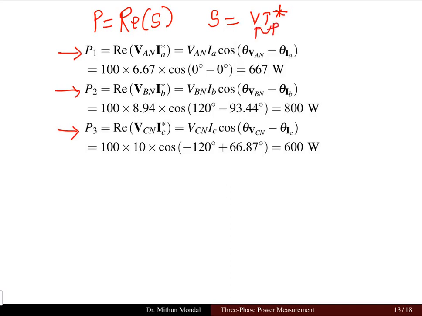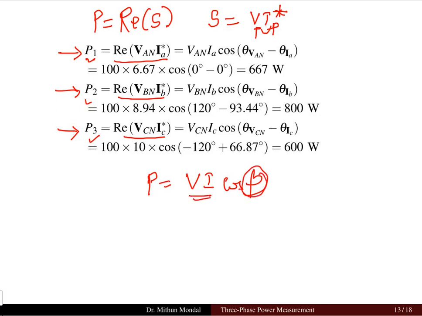The real part of VAN into IA conjugate will give me P1. The real part of VBN into IB conjugate will give me P2, and the real part of VCN into IC conjugate will give me P3. We also know that the power P is nothing but VI cos phi, where phi is the phase angle between voltage and the current.